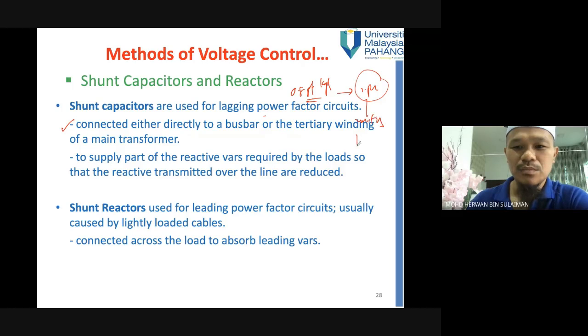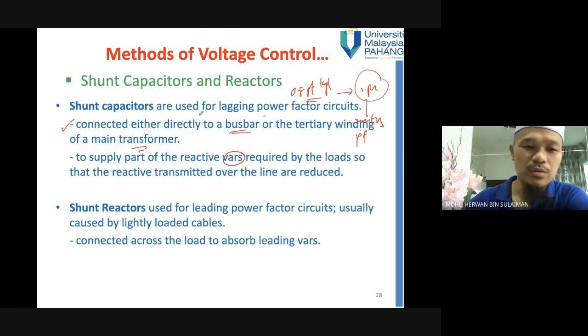Remember? So you can put a shunt capacitor at the end of the bus bar directly, or at the tertiary winding of the main transformer. This is because we supply the reactive power required by the loads, so that the reactive power transmitted over the line is reduced.